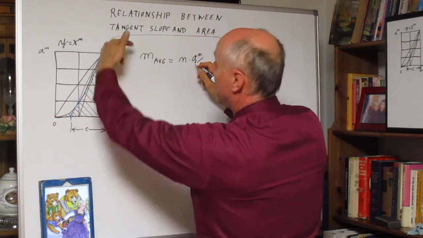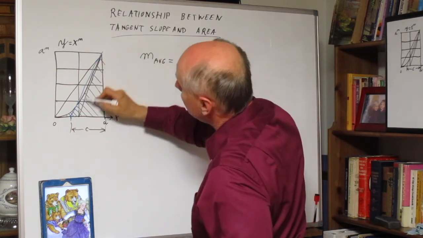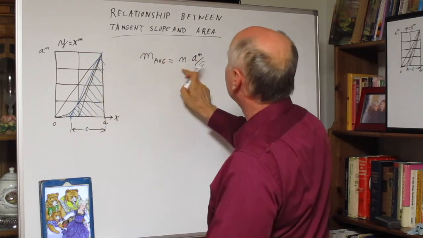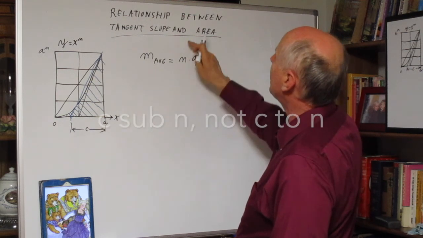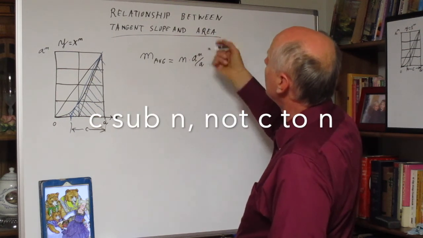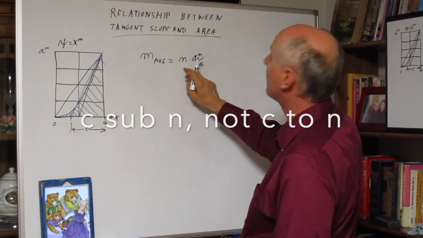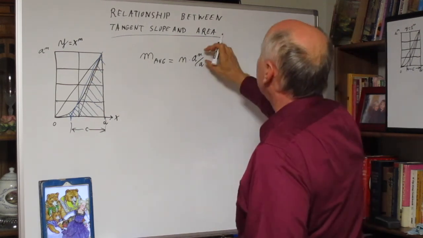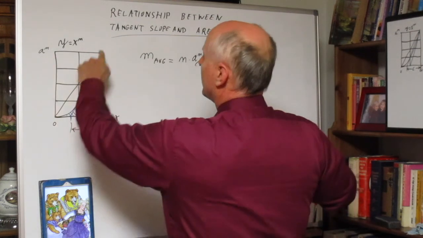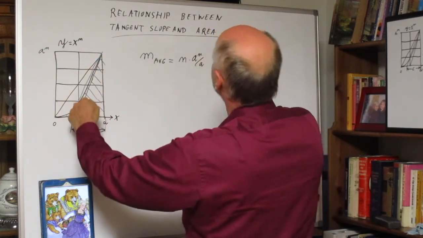A times n. That gives you this tangent line right here. We've been doing this in the past videos. This is our c to the n, our invariant. Okay? So you know about this. So that's rise over n. That's this diagonal times n.